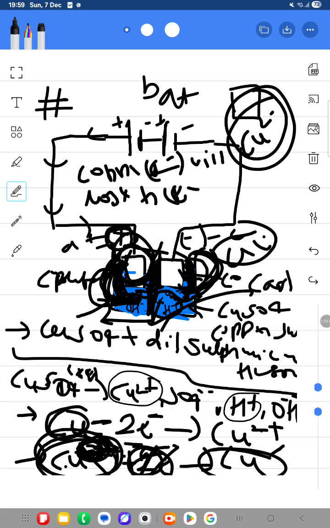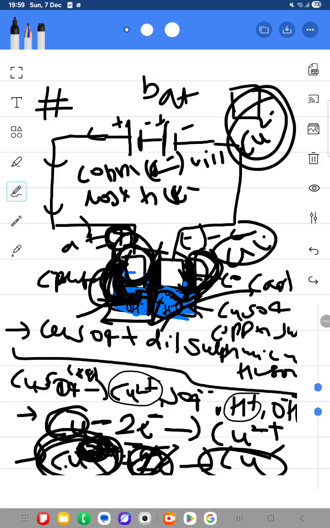At first, the copper will lose its electrons. Then SO4 2 minus will go upwards, and OH minus will also go upwards, but none will deposit over there.